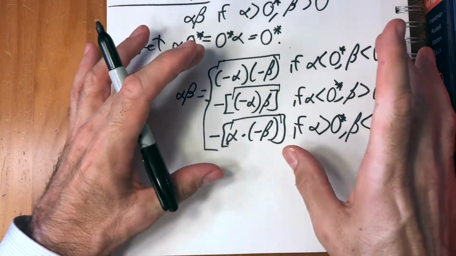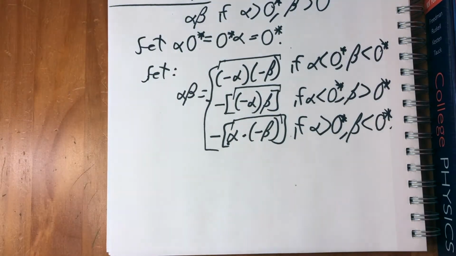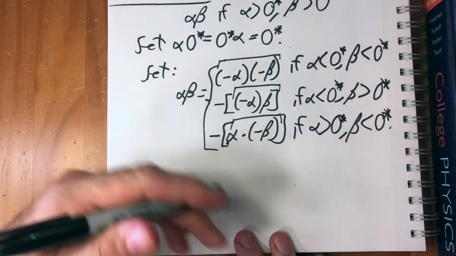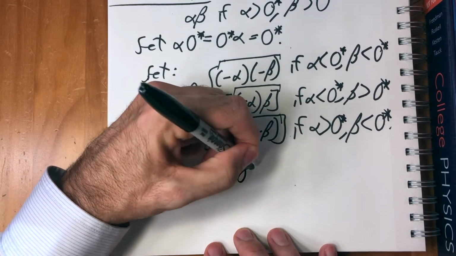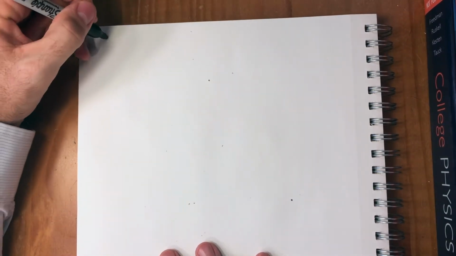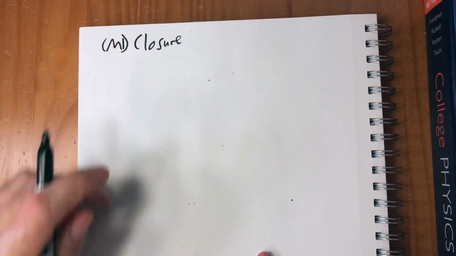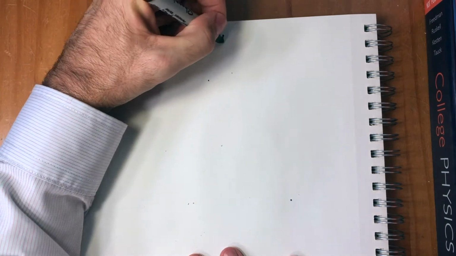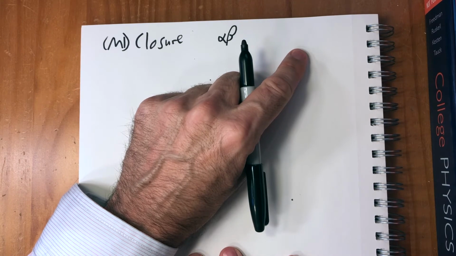Okay, so we've got to show that these satisfy the multiplication axioms as well. Basically, all we have to do is use the rule that minus minus gamma equals gamma. We do this over and over, and then that should prove everything. So we're just going to go through the 5 axioms. So M1 is closure. And this doesn't really need proving, because closure just means that alpha beta is going to be a cut even if one of them is negative.